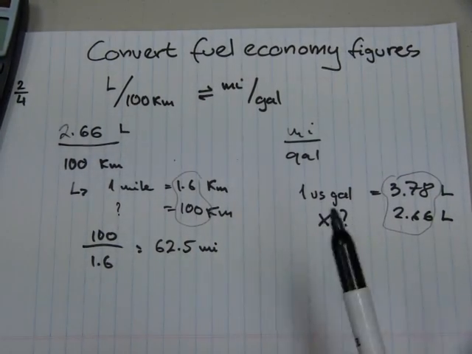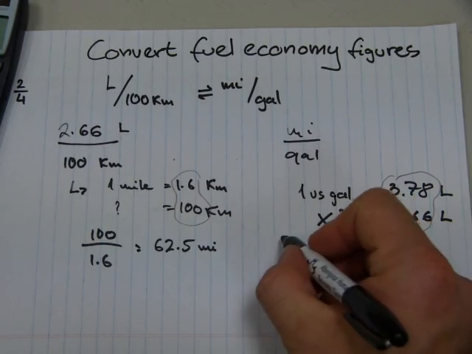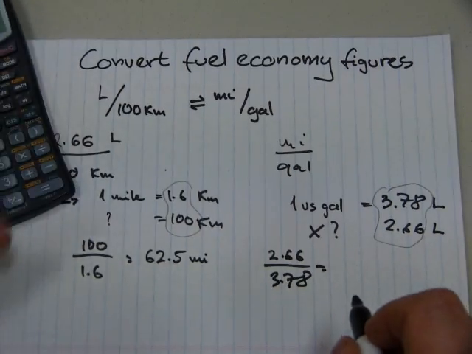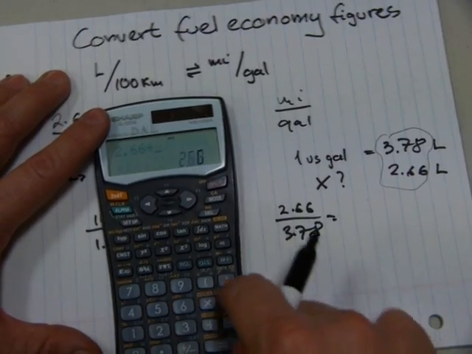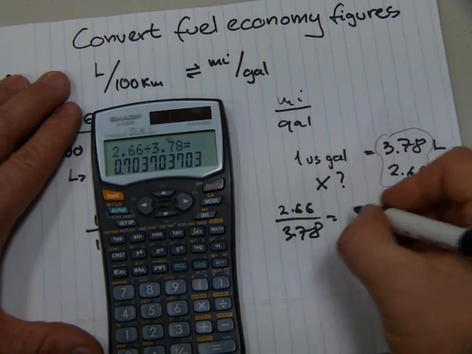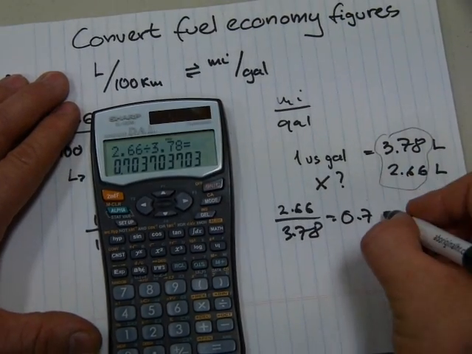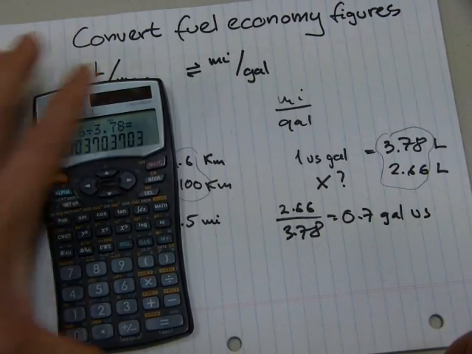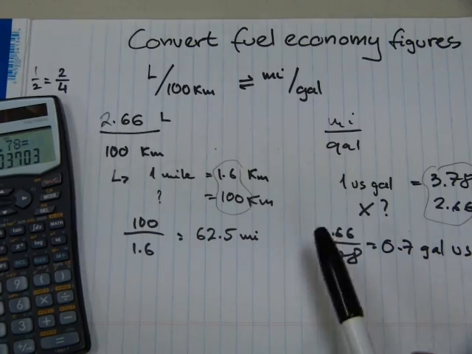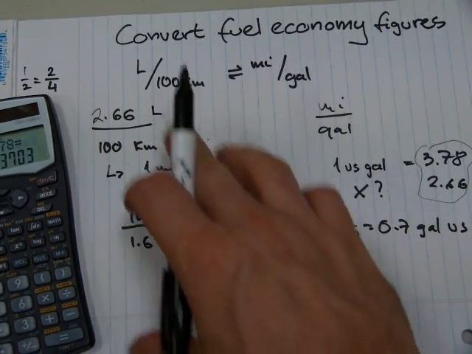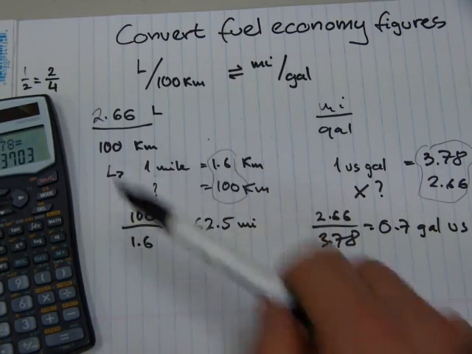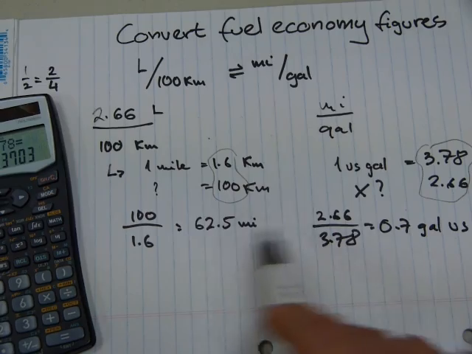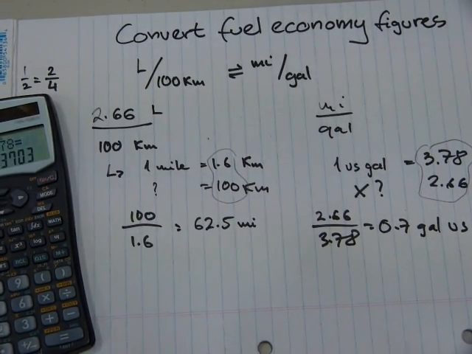The 2.66 needs to be divided by the 3.78, and when we do that, we're getting 0.7 gallon US amount. So if a vehicle is using 2.66 liters of gas over 100 kilometer distance, it's the same thing as saying it's using 0.7 US gallons over a distance of 62.5 miles.